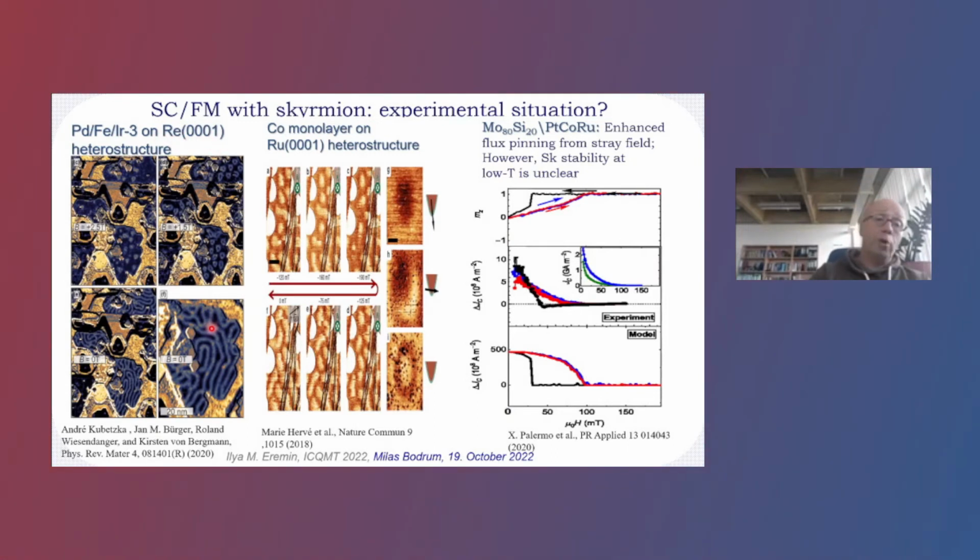However, one of the problems in this experiment was to prove unambiguously that there is an interaction of superconductivity with the skyrmion. But this is one of the first attempts.